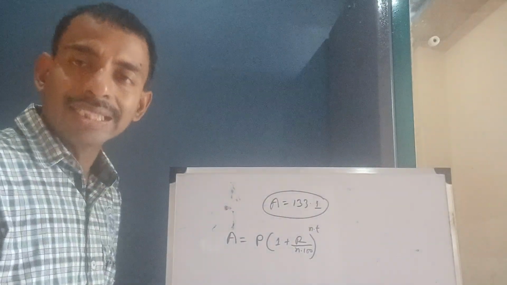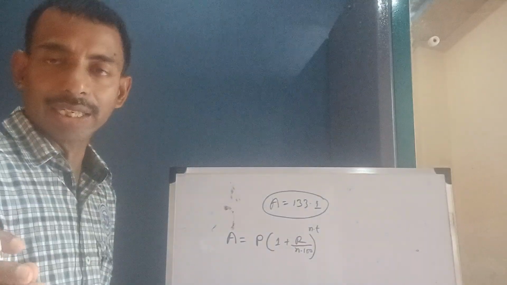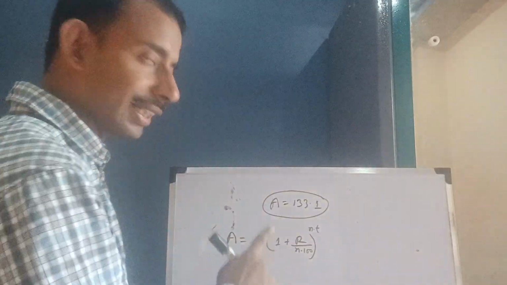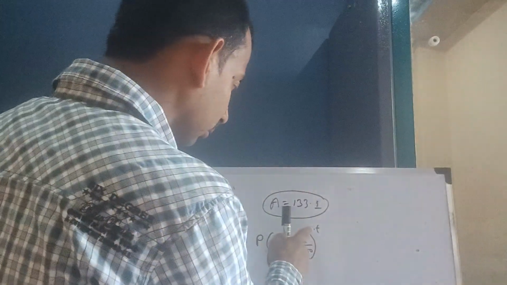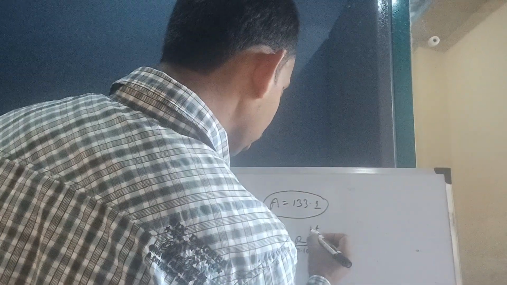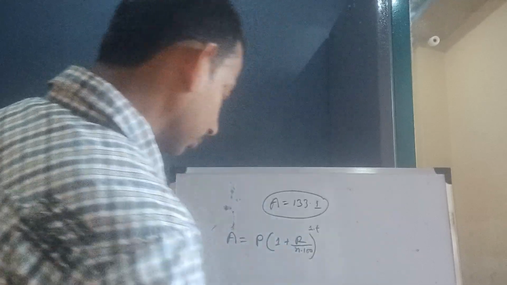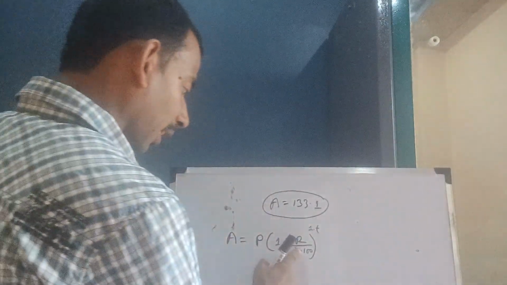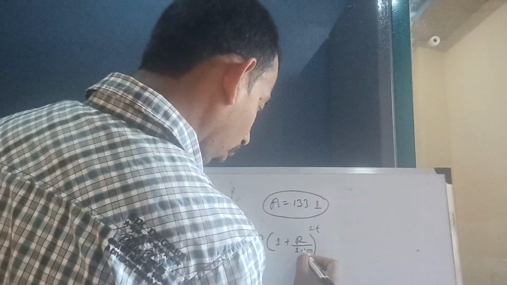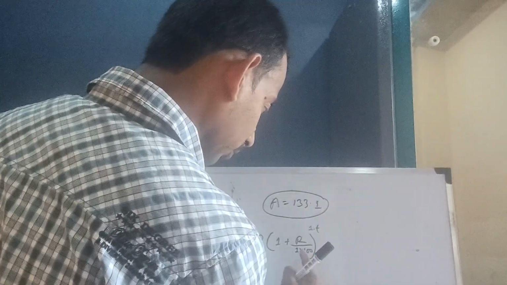Say if nothing is mentioned, then assume that it is compounded yearly, that is once in a year. Then N equals 1. Here also put N equals 1. This is not a point, this is multiplication, 1 into 100.